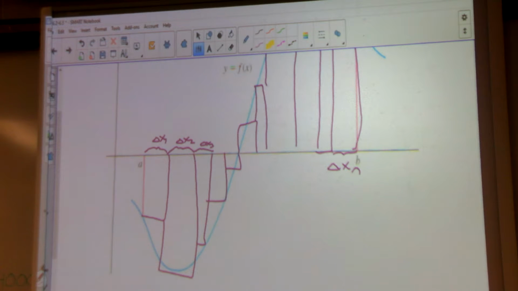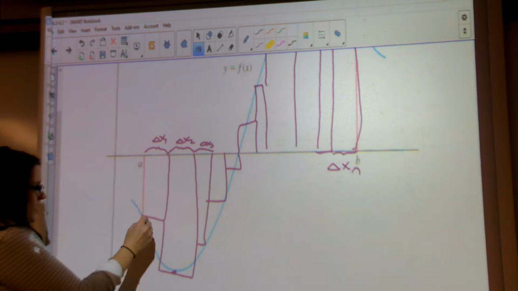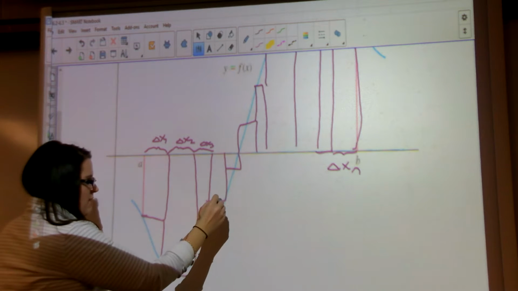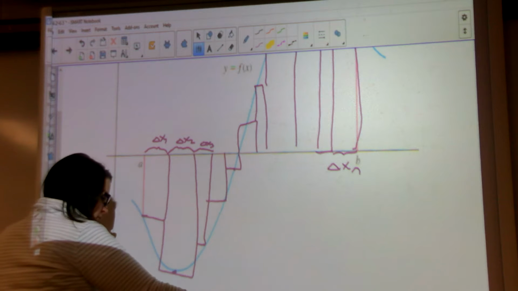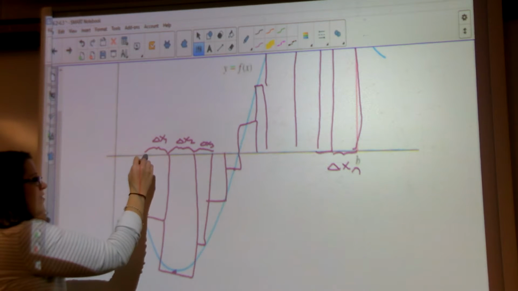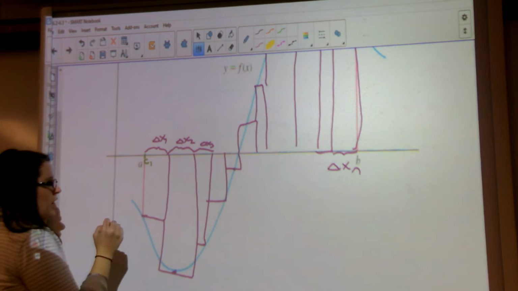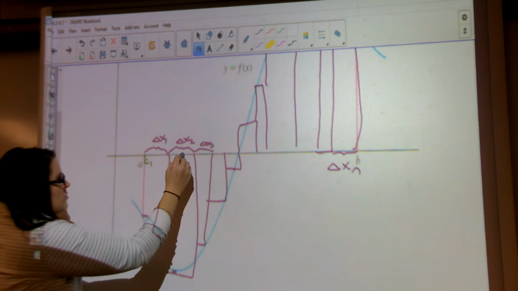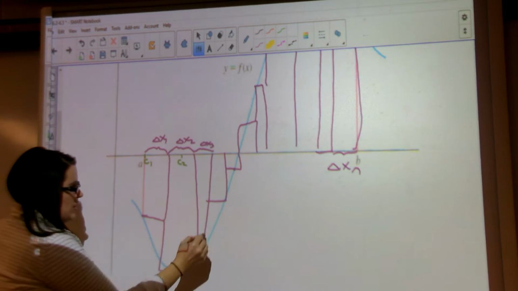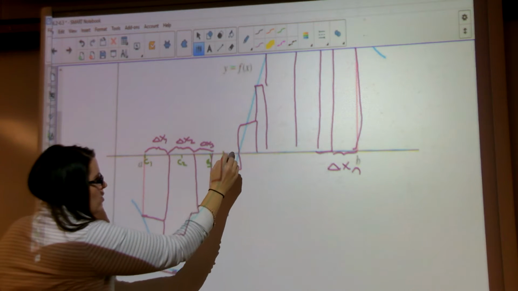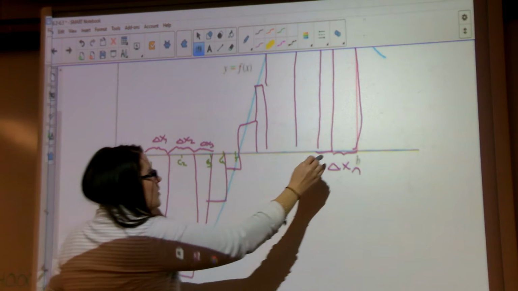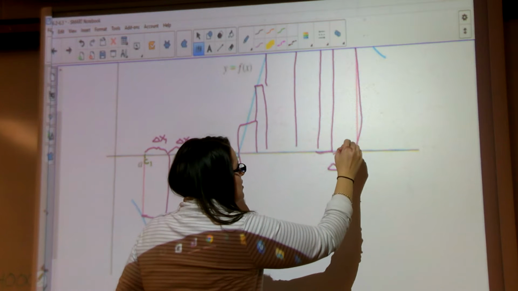Now, they're touching at random places, so I can't use LRAM or MRAM. I just pick generic places, so we need another variable. I'm going to call wherever they touch C sub 1. So this place would be C sub 2. Here it touches here, C sub 3, C sub 4, C sub 5, all the way down to wherever that touches, C sub n.